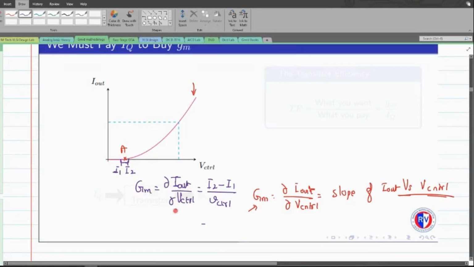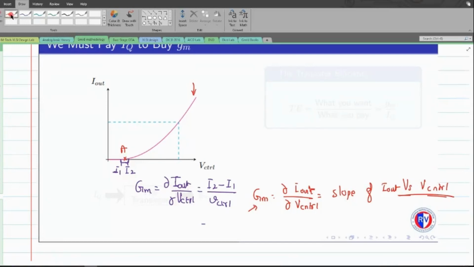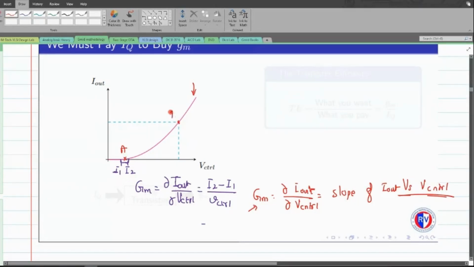Okay, whereas let me take a different point somewhere here, and let me mark this particular point as my B point, and now over here I'm trying to apply a small perturbation. So this small perturbation would in turn intersect my I out graph at two different locations. So I am getting a current value which is I1, and the other current value that I'm getting is I2.